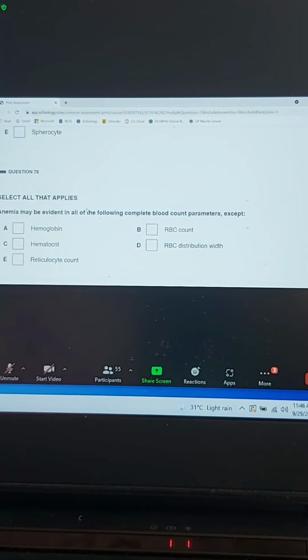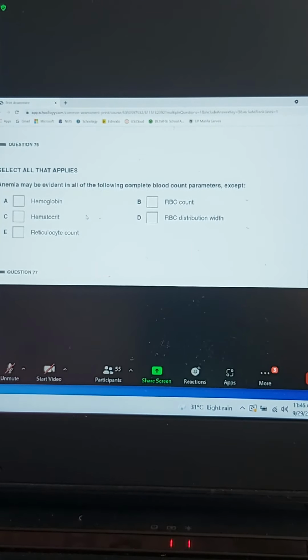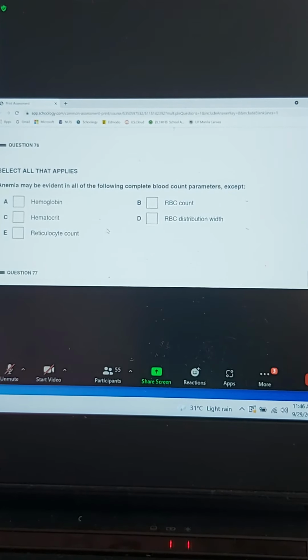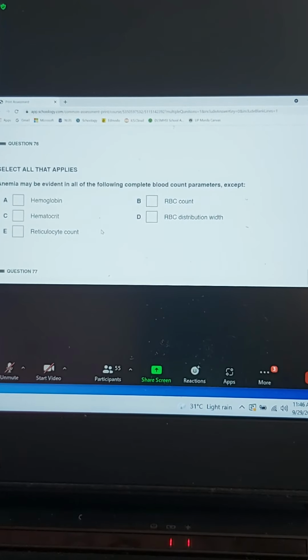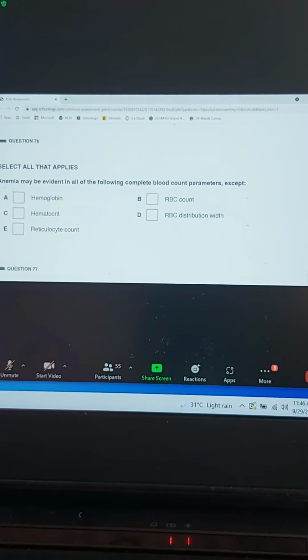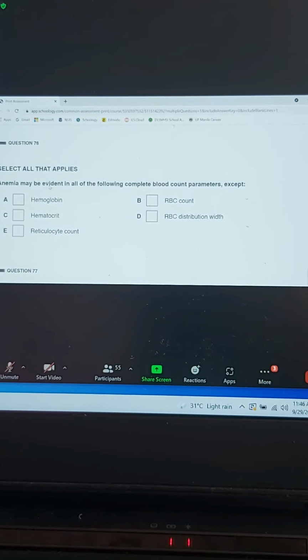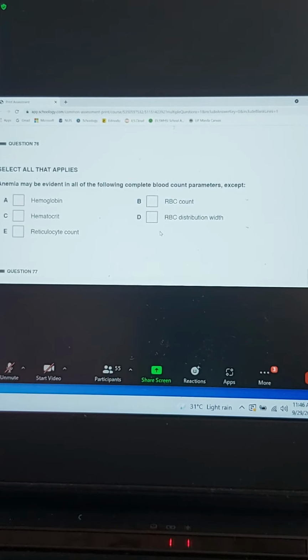76, anemia may be evident in all of the following complete blood count parameters except. So yung anemia daw, evident sa mga parameters na ito, except.